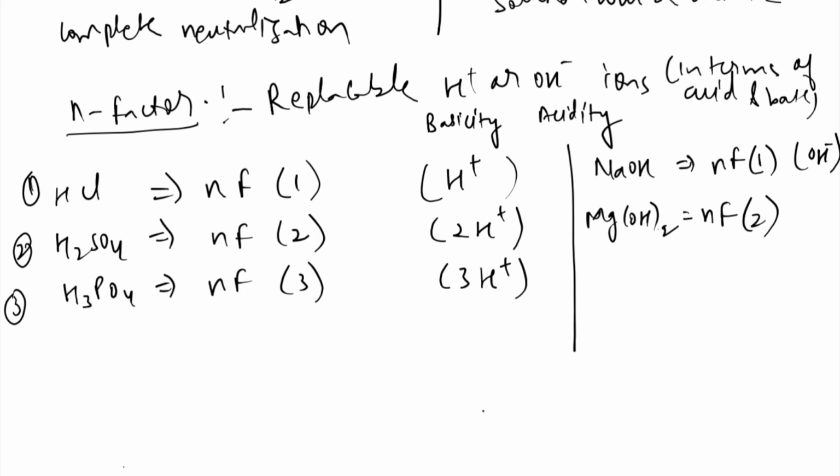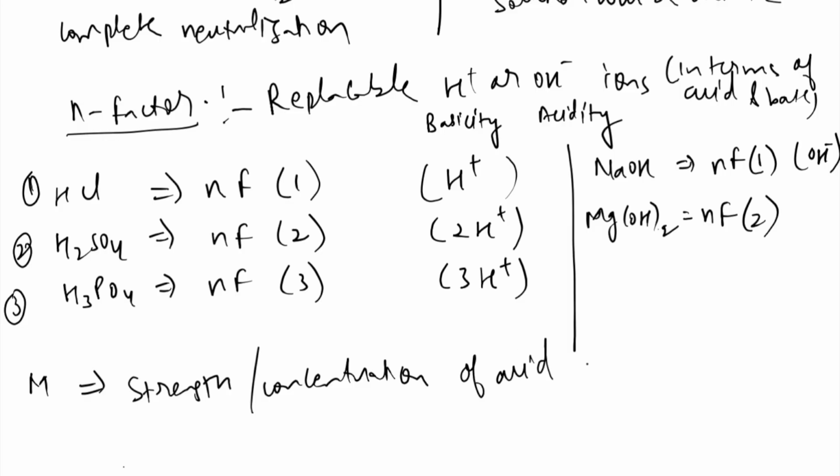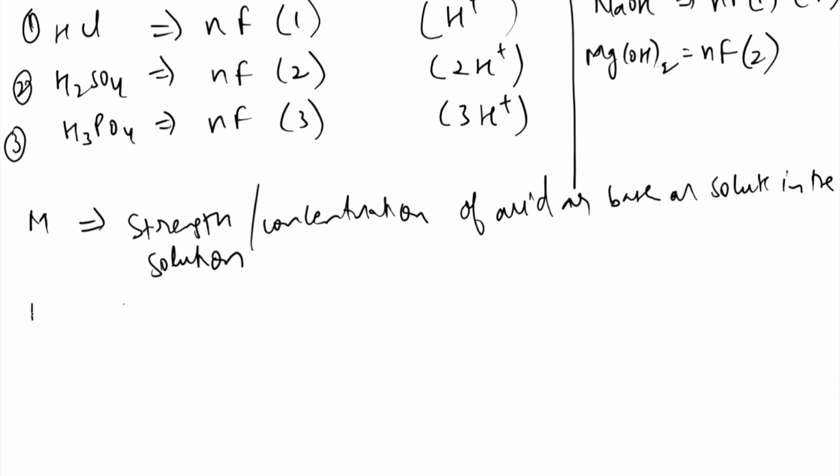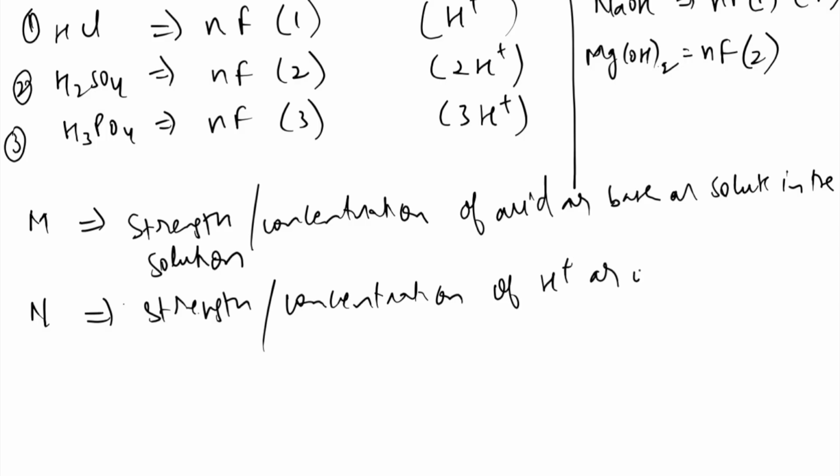Now, the reason why this N factor is taken into account in the case of normality is, try to understand one thing: molarity talks about the strength or the concentration of acid or base or solute in the solution, whereas normality talks about the strength or the concentration of H plus ions or OH negative ions or ions in the solution.